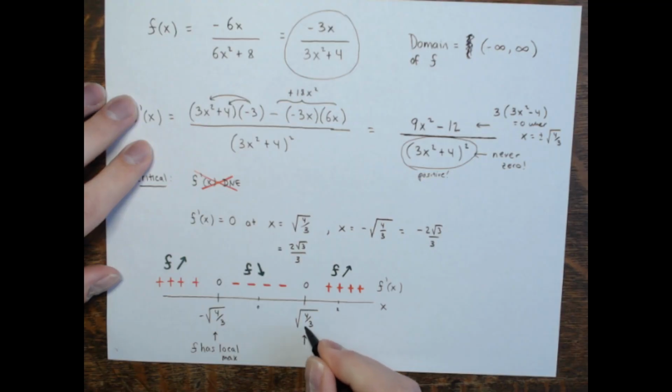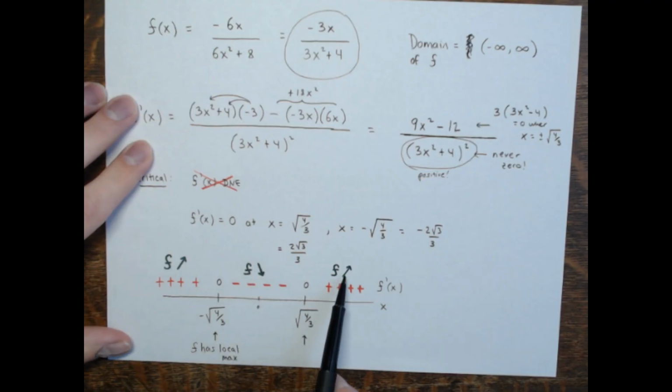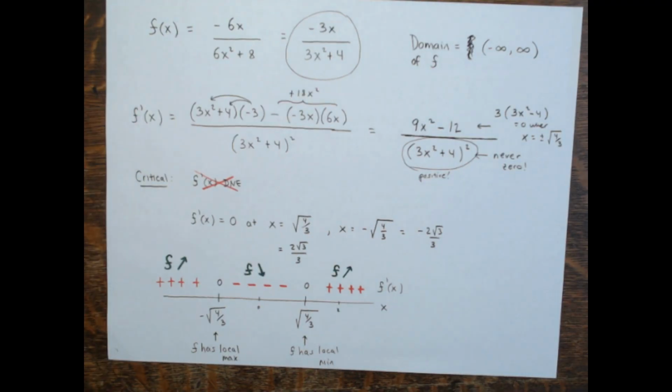And at positive square root of 4/3, it's decreasing to the left and then increasing to the right, so you'll be at the bottom of a valley where there's a local minimum. So f has a local min at this positive square root of 4/3 value.